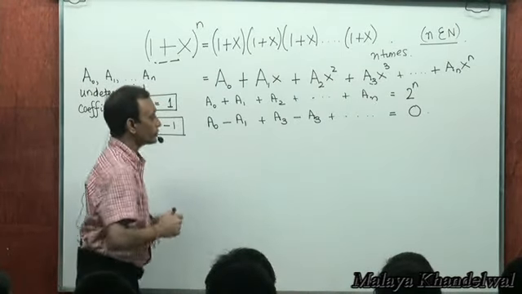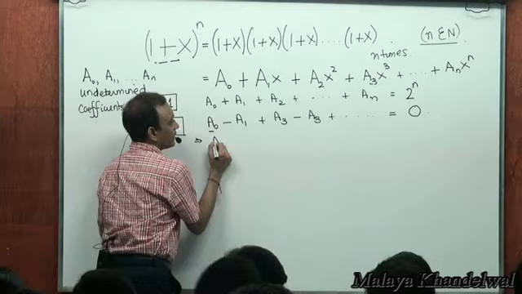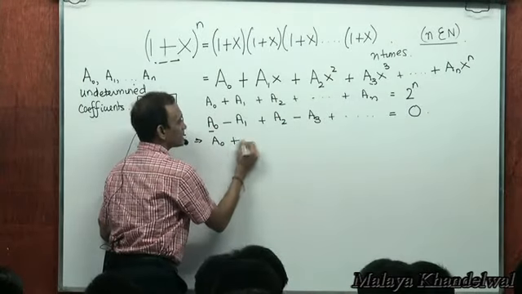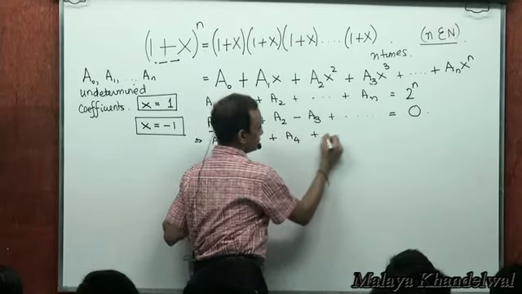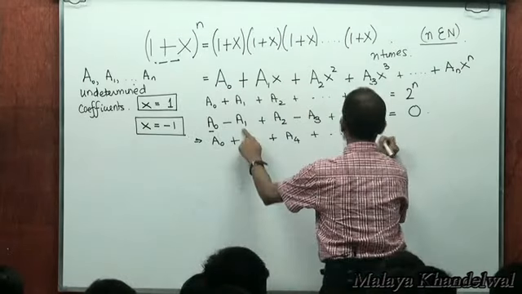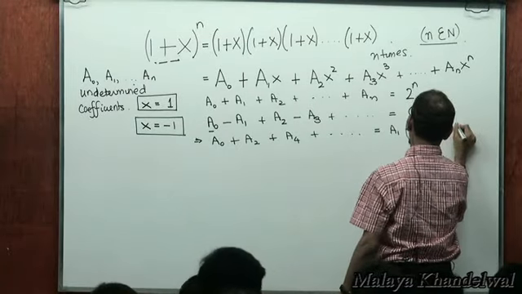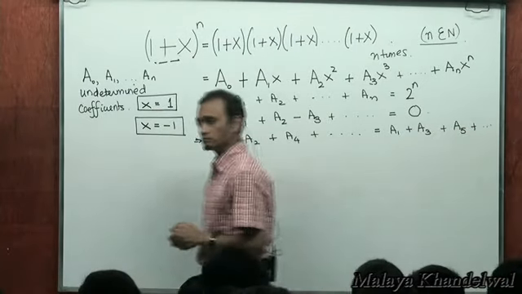Right? Which means this gives me a0 plus a2 plus a4 etc. equal to a1 plus a3 plus a5 etc. Right?